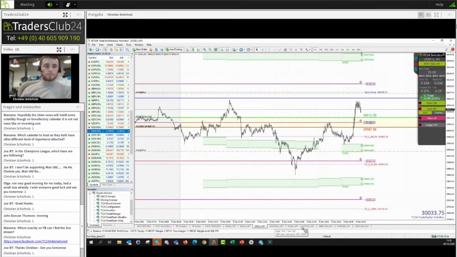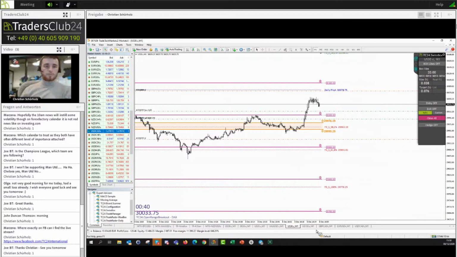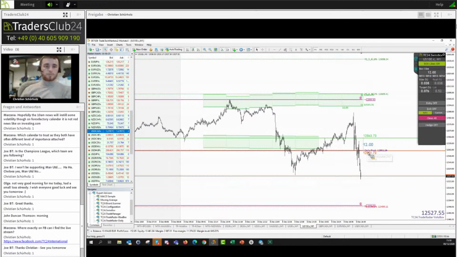Let's have a look through the other charts, see what's going on. Dow Jones taking a turn at the moment. Gold also. NASDAQ, yep. We would have been out of that trade if we took that on the daily pivot there.